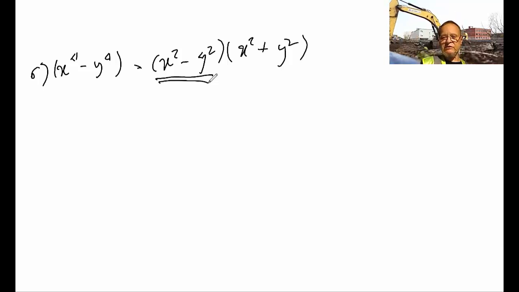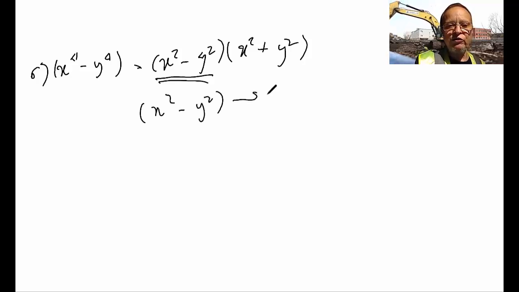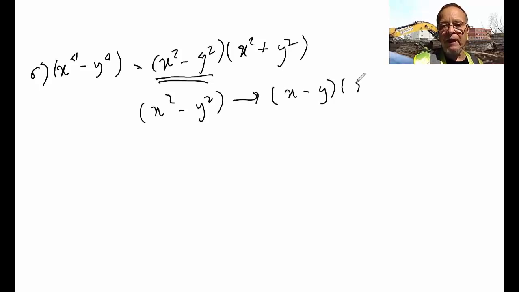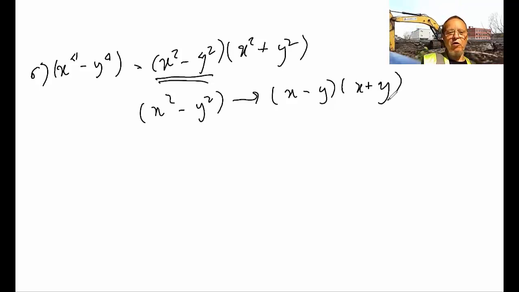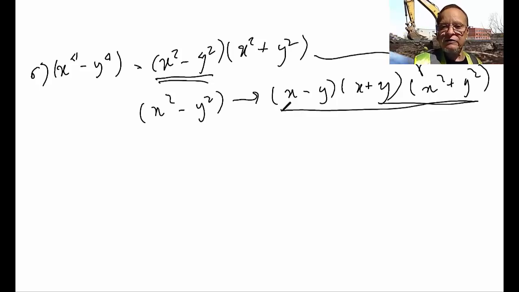But this factor is not finished, so we can have x squared minus y squared, which we can further factor into x minus y, x plus y. So now we are done factoring that part. So now we can put this over here, x squared plus y squared, and here is our term completely factored.